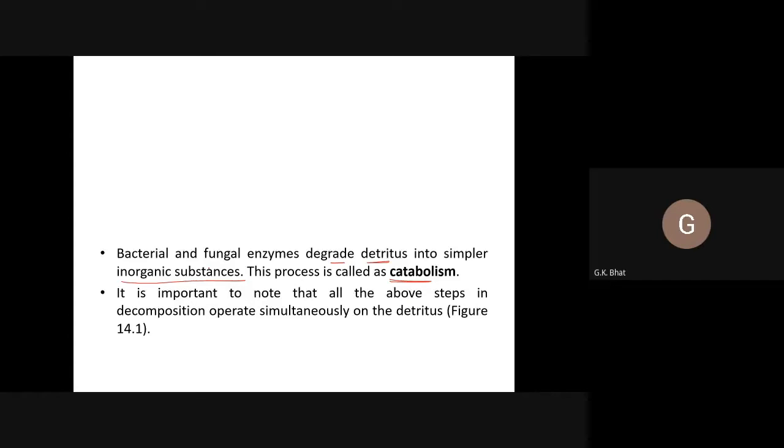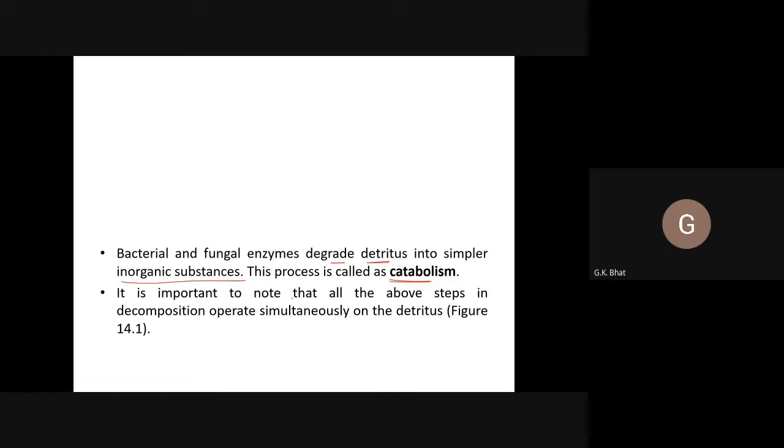Whenever bacteria and fungi act on those substances, they do it because they want to get food for themselves. It is not that they want to help you. They want to get energy for themselves. At that time they secrete enzymes and make use of whatever is getting dissolved for their purpose. This is what is called catabolism.